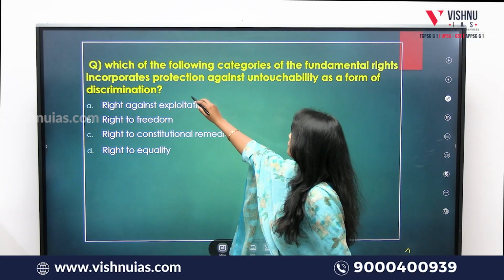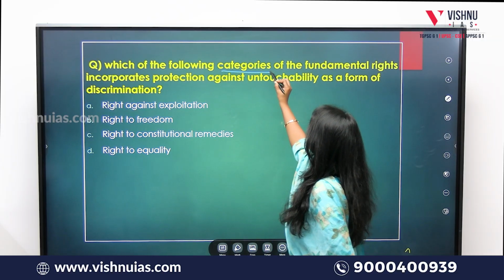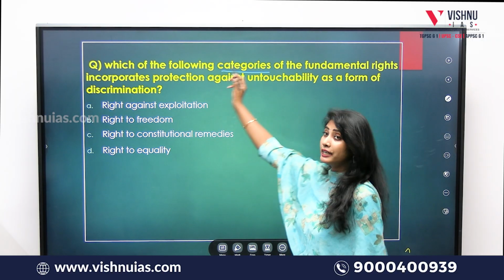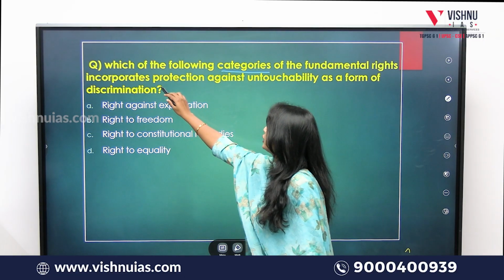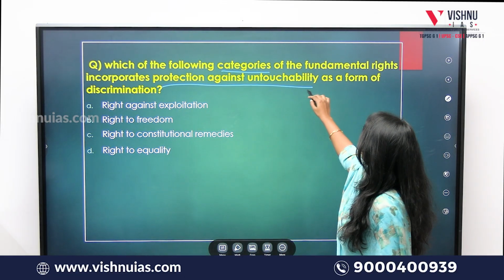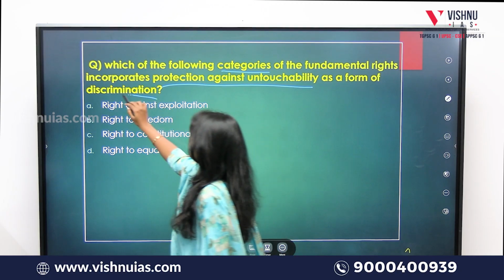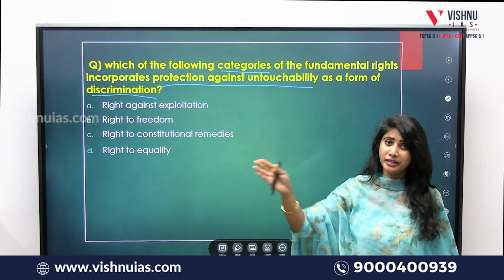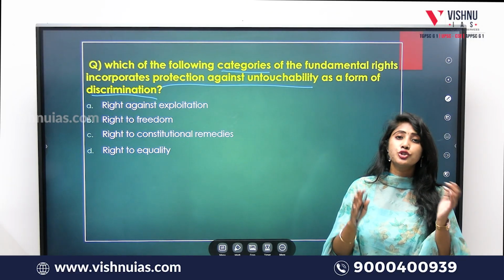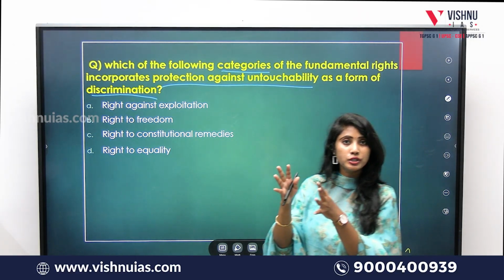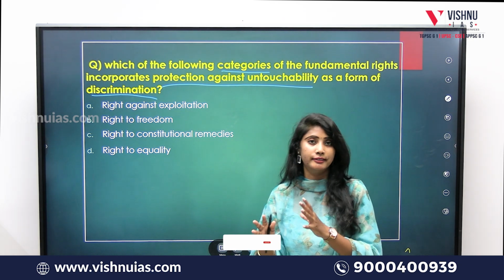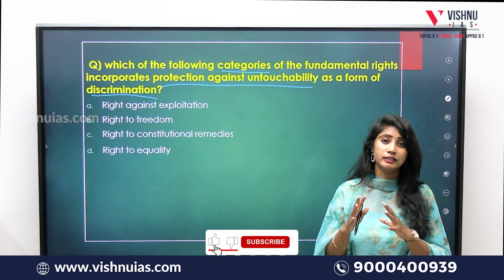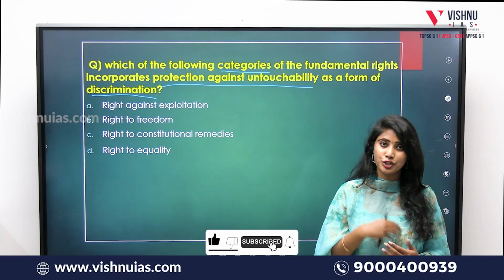First question: which of the following categories of the fundamental rights incorporates protection against untouchability as a form of discrimination? There is one fundamental right embedded in our constitution which will give protection to those people who are offended with the illegal and the most sinful practice of untouchability.